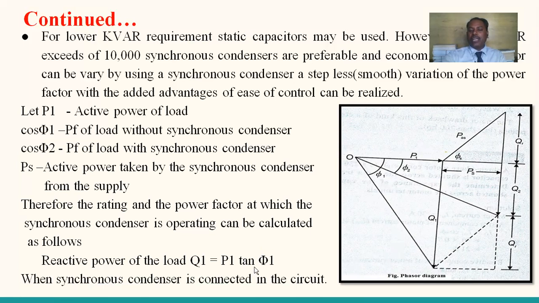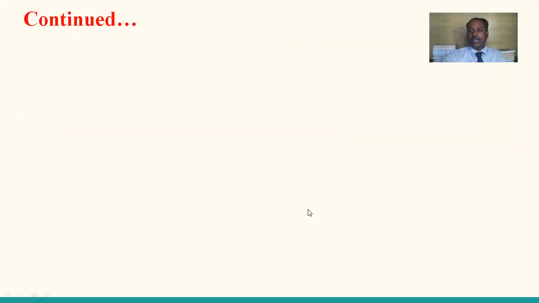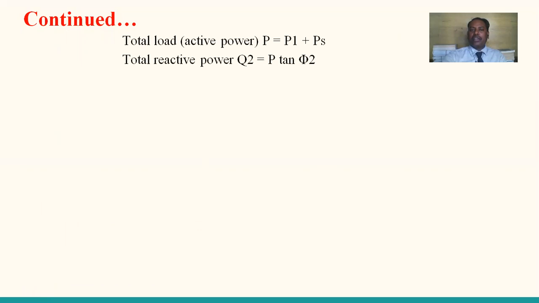When the synchronous condenser is connected to the circuit, total load P is equal to the real power P1 plus PS. Total reactive power Q2 is equal to P tan phi 2, where P is P1 plus PS.